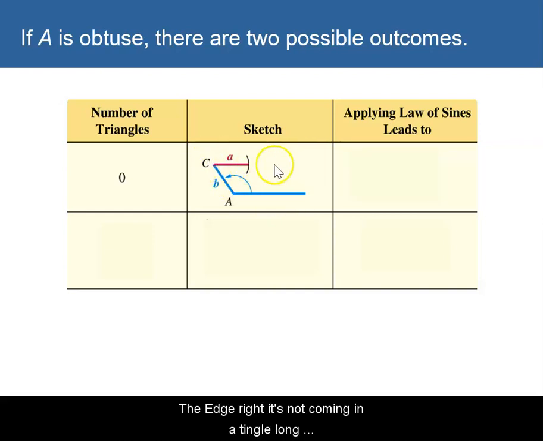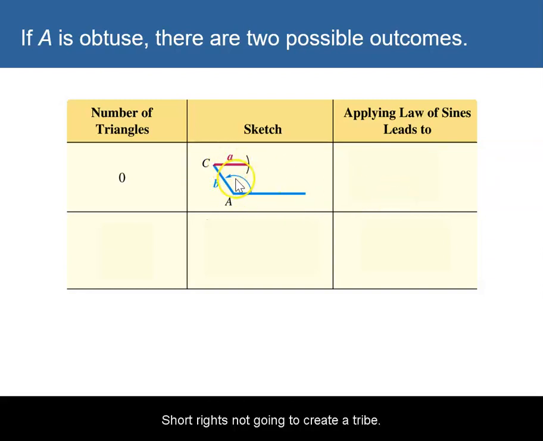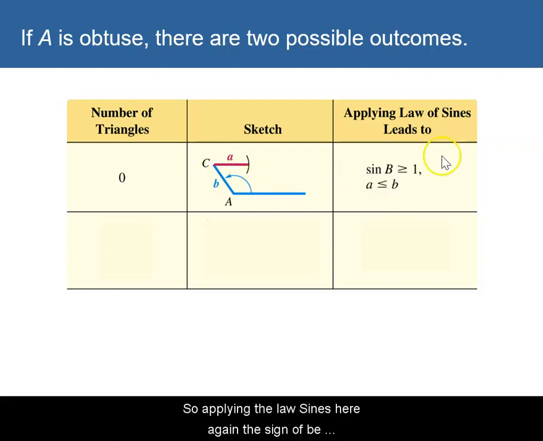It's not coming in at an angle long enough, even if it was down here. Let's say it went too far and it's not able to reach this side. It's either too long or too short. It's not going to create a triangle. So applying the law of sines here again, the sine of B is going to be larger than, or equal to, 1.